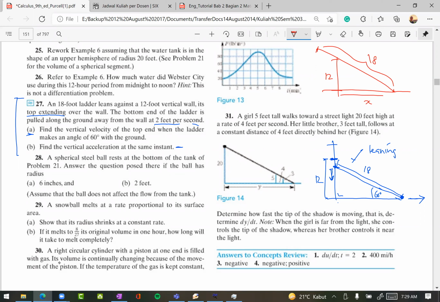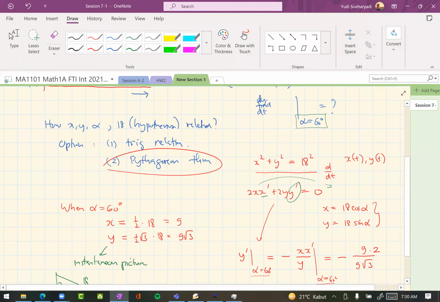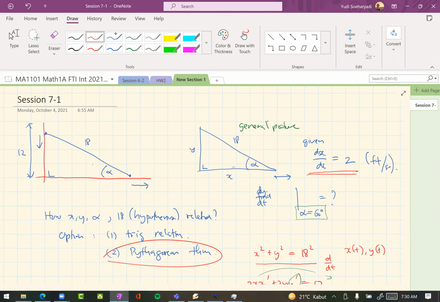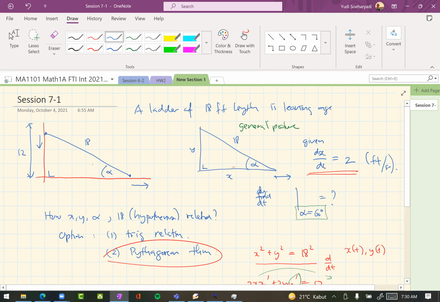Yeah. The difference? Okay. So what we computed earlier, that is the leaning part, these situations. Let me write down the situations. That's the situations. Okay.